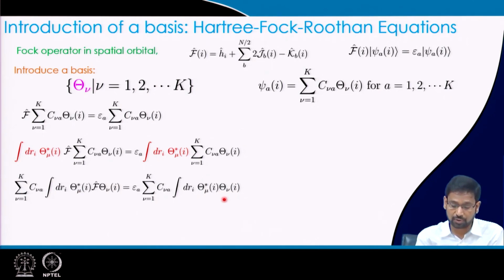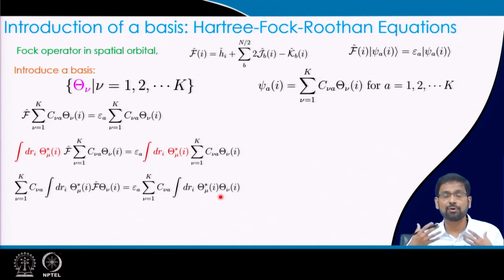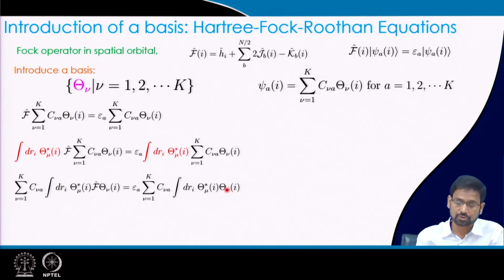Similarly, on the right hand side, this is nothing but the overlap of two basis functions. Theta mu and theta nu are something that I know. I would start with a known set of basis functions. We will come to what can constitute a good choice for a known set of basis functions, but whatever choice we make, these overlap functions and matrix elements we have to evaluate.